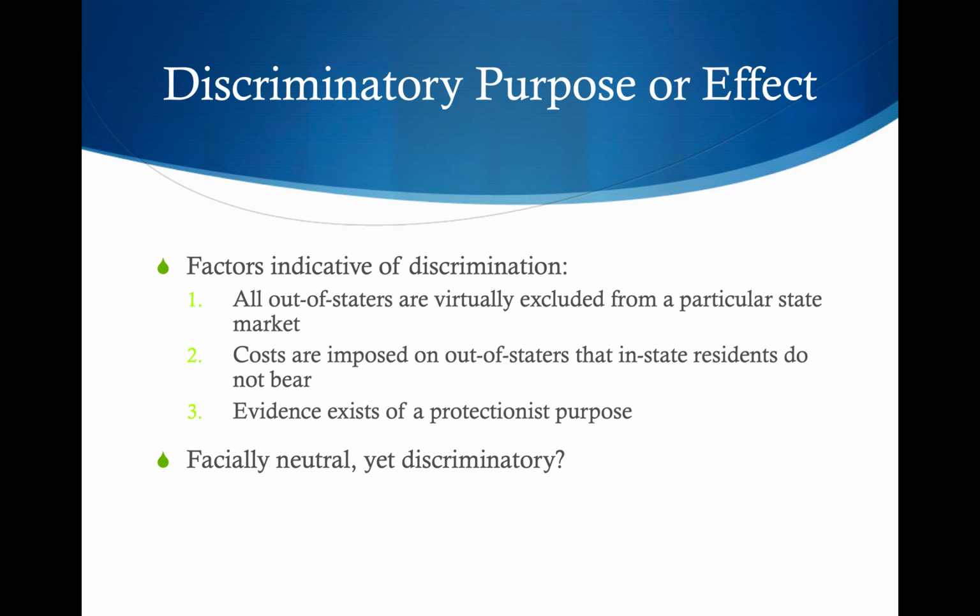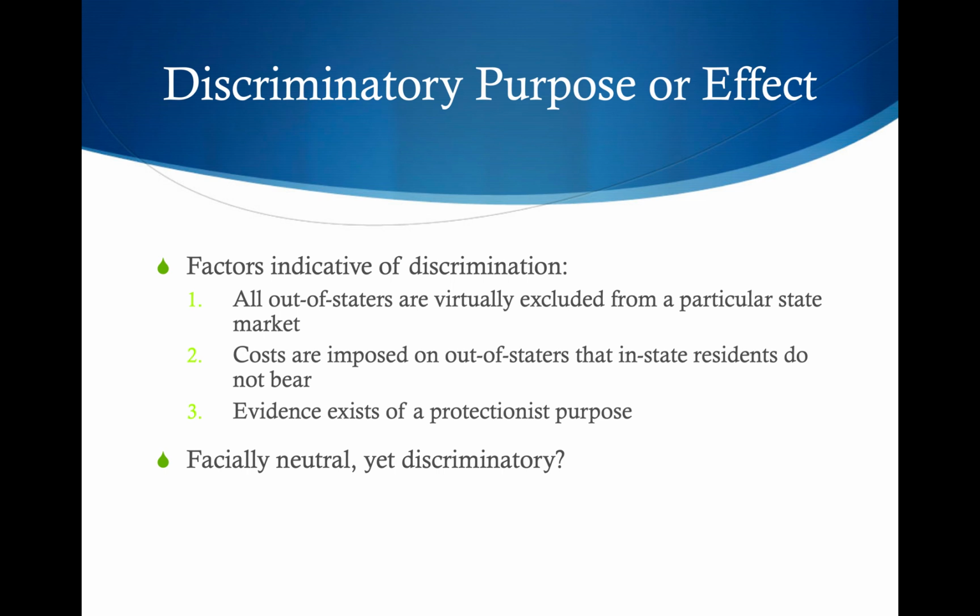So the wording of the statute says you can't sell milk here if it comes from out of state. Right? That would be discriminatory on its face. But the court says a statute might also be discriminatory in purpose or effect. And for purposes of the strict scrutiny analysis, it doesn't matter whether it's discriminatory on its face or in purpose or effect. Both types of discriminatory statutes will be subject to this strict scrutiny analysis.